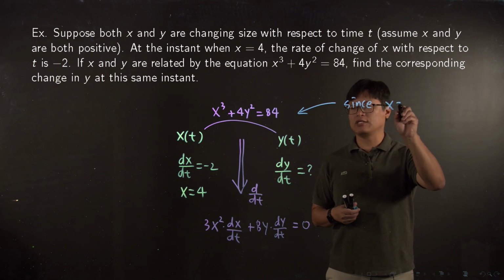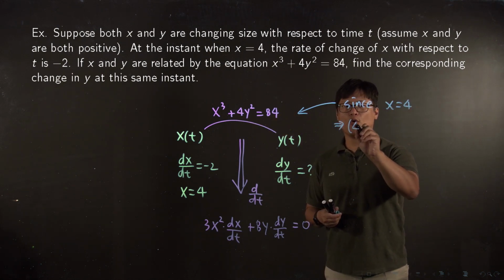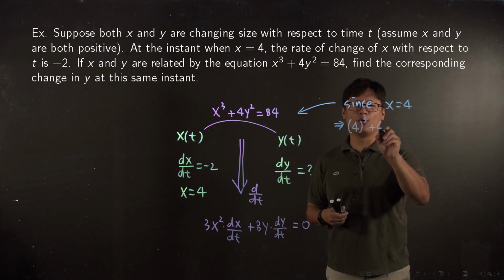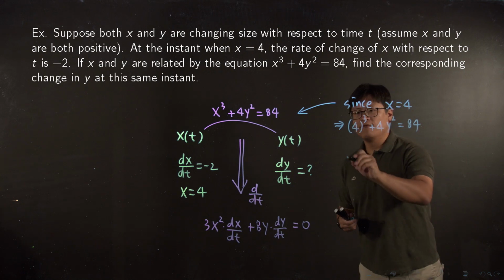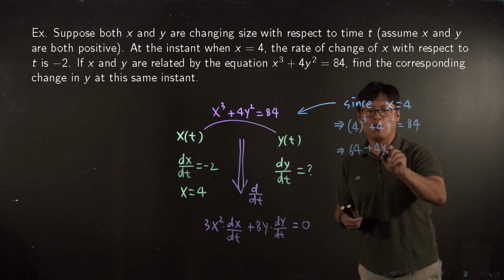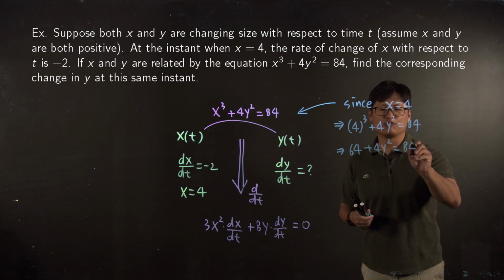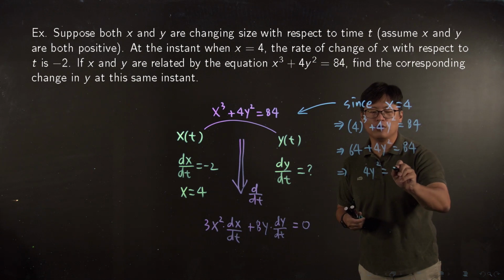Since the given information x equals 4, then the bridge equation, 4 cubed plus 4y squared is equal to 84. Then 4 cubed is 64 plus 4y squared equal to 84. And subtract 64 on both sides, then you're going to have 4y squared equal to 20.